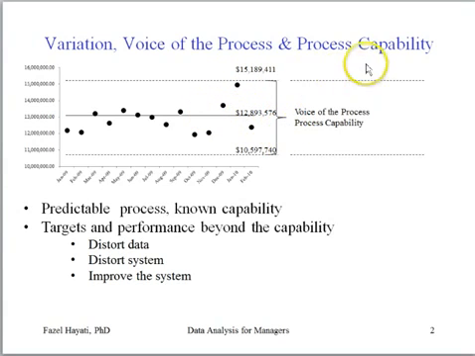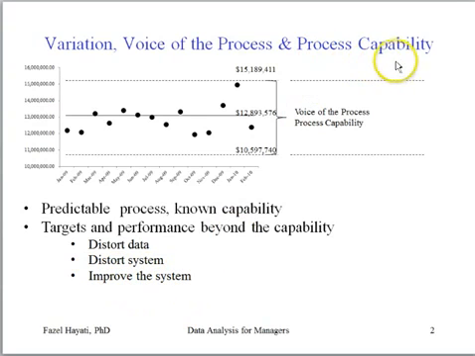Sometimes a demand is made that is beyond the capability of the current process, perhaps a monthly revenue of $20 million. This is beyond the capability of the current process. How can we achieve that? Well, there are three ways you can achieve that value: either by distorting the data, or by distorting the system, trying to reach that number no matter at what cost, or by improving the system.